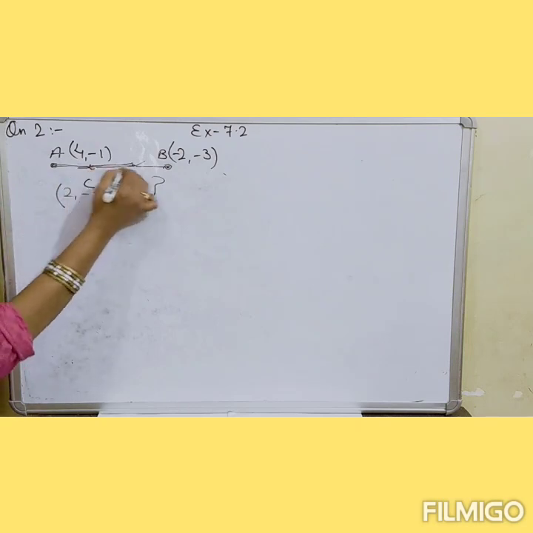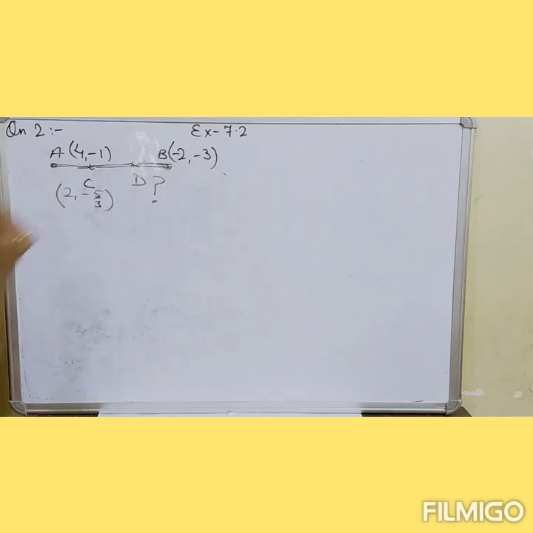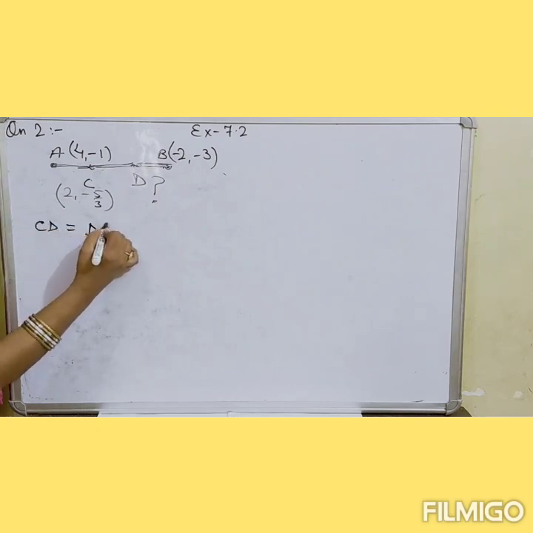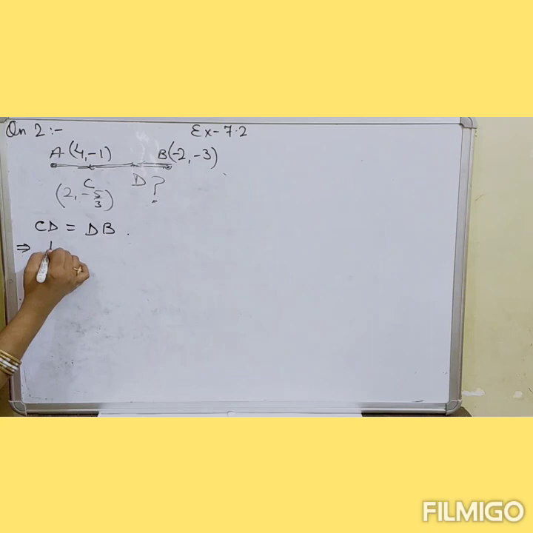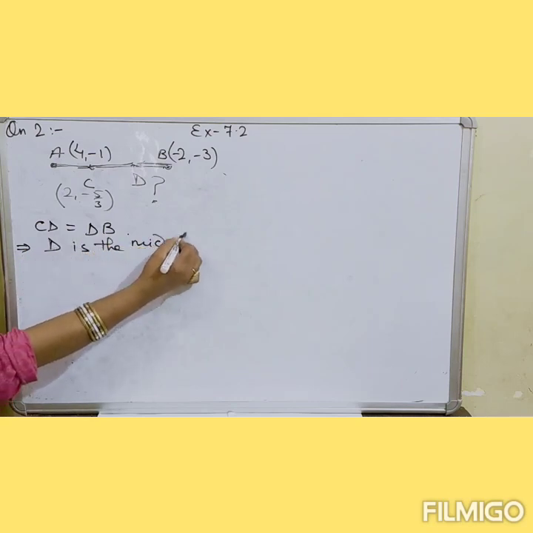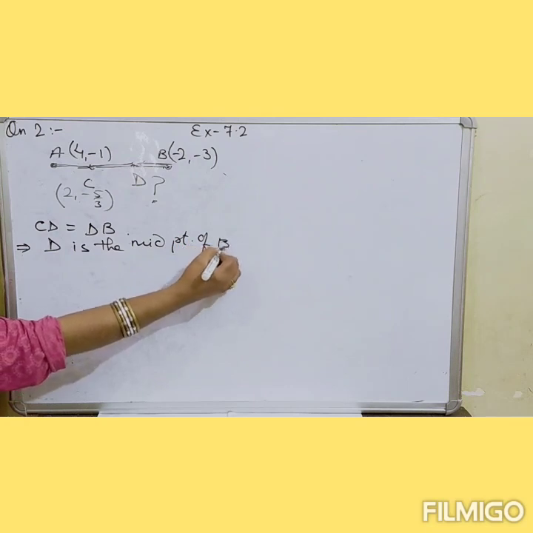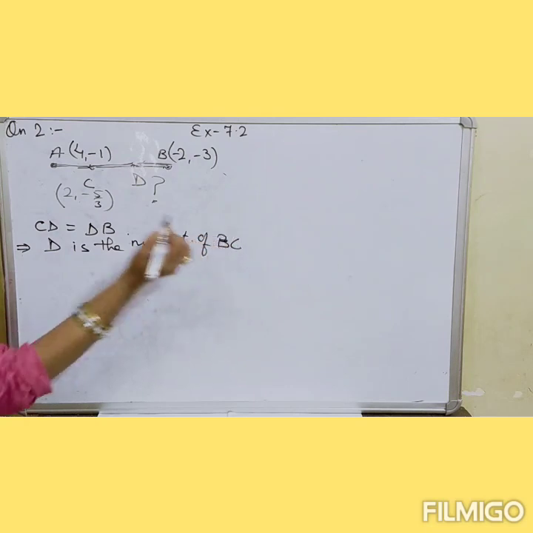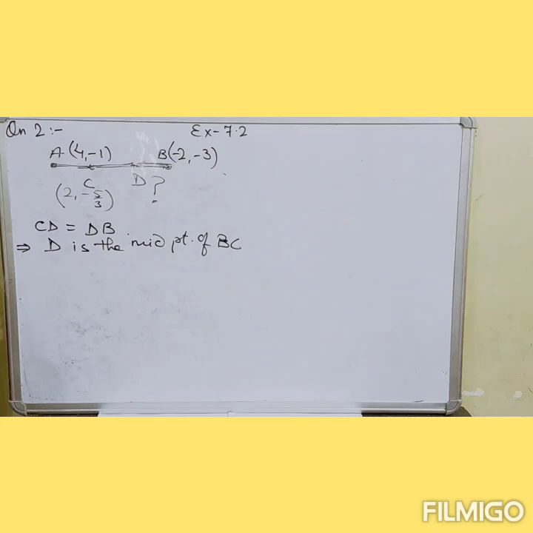Because we know that DC is equal to DB, and if DC is equal to DB, it means that D is the midpoint of BC.